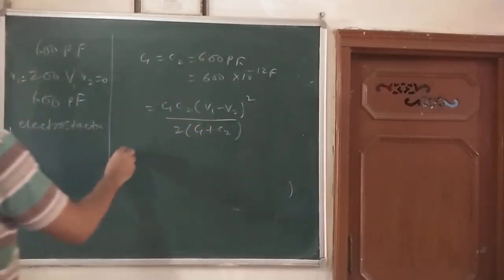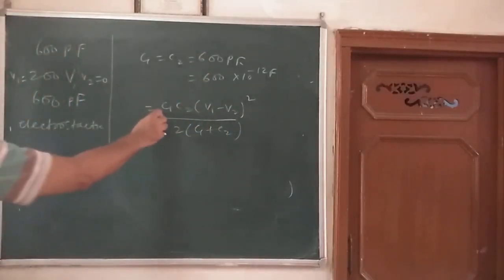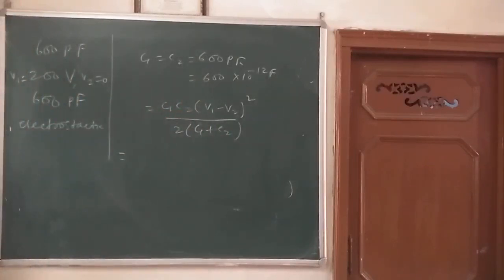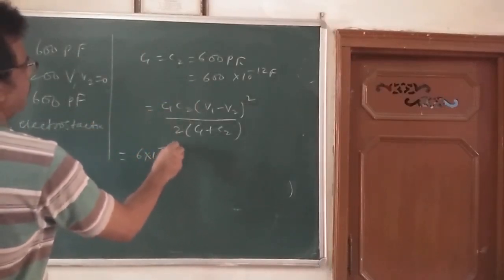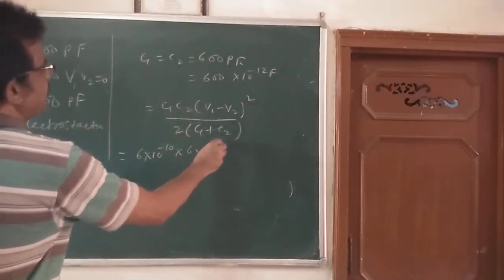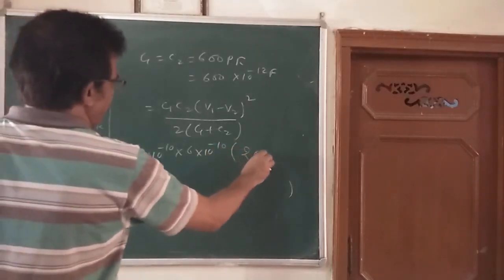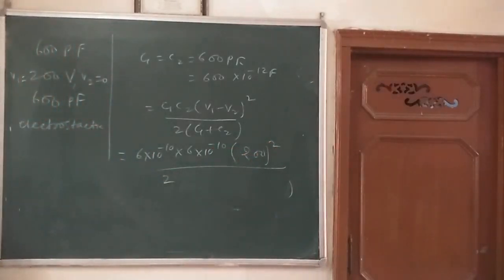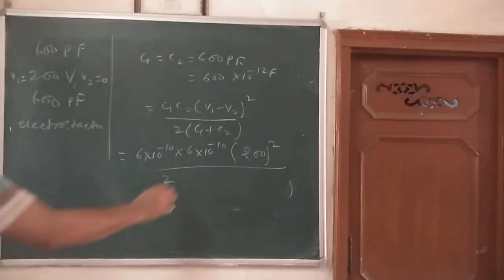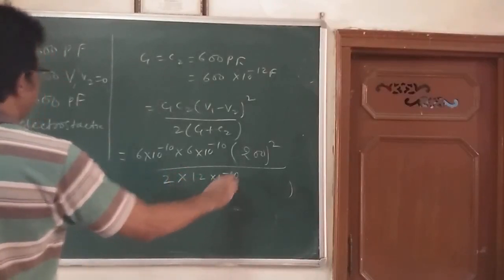Put all these values here. C1 C2, I can write 6 into 10 raised to power minus 10 into 6 into 10 raised to power minus 10 into V1 is 200 whole square, V2 is 0, divided by 2 into (C1 plus C2), add both of them. So this is equal to 12 into 10 raised to power minus 10.